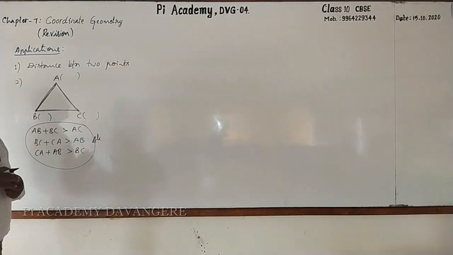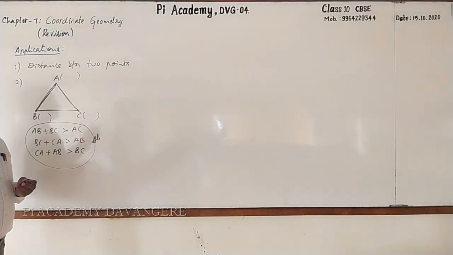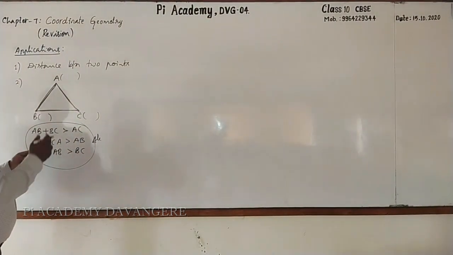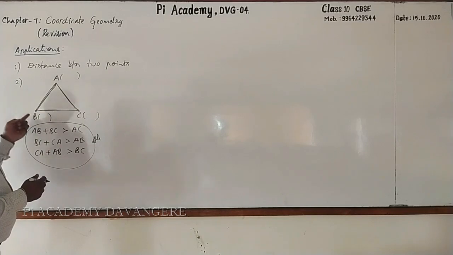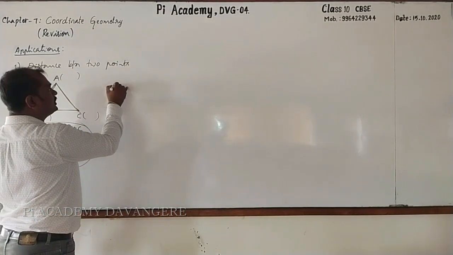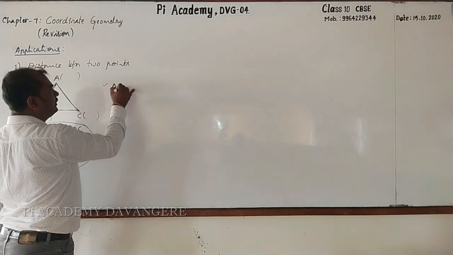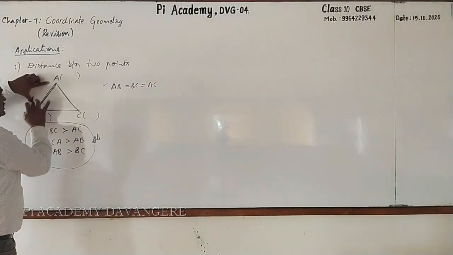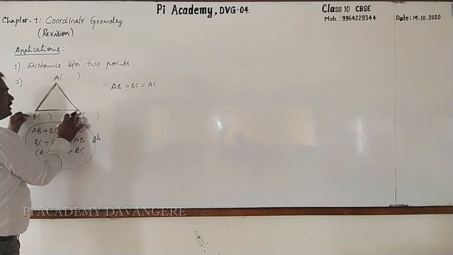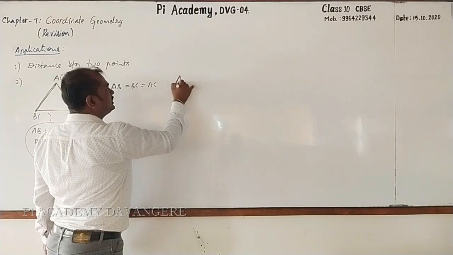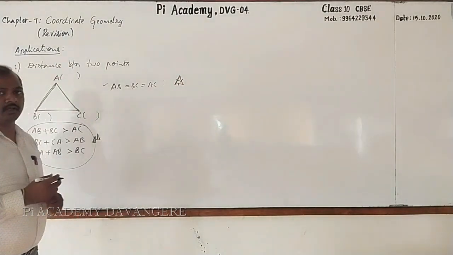If a triangle is formed, then the next thing is what type of triangle it is. Very simple. You just go for comparing the sides AB, BC and AC. If all the sides are equal, AB equal to BC equal to AC, that means distance of AB, distance of BC and distance of AC are all equal, you can say that it is an equilateral triangle.